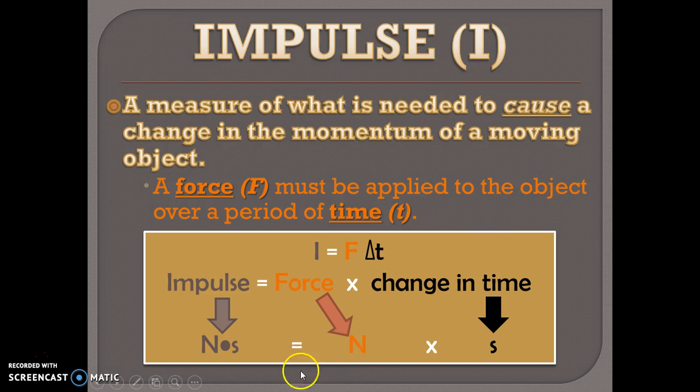In order to find the impulse necessary, you would consider the force that needs to be applied over what period of time. The unit for impulse is Newton seconds, which came from multiplying force in newtons and change in time, which would be in seconds. And your equation is here, capital letter I equals F delta t.